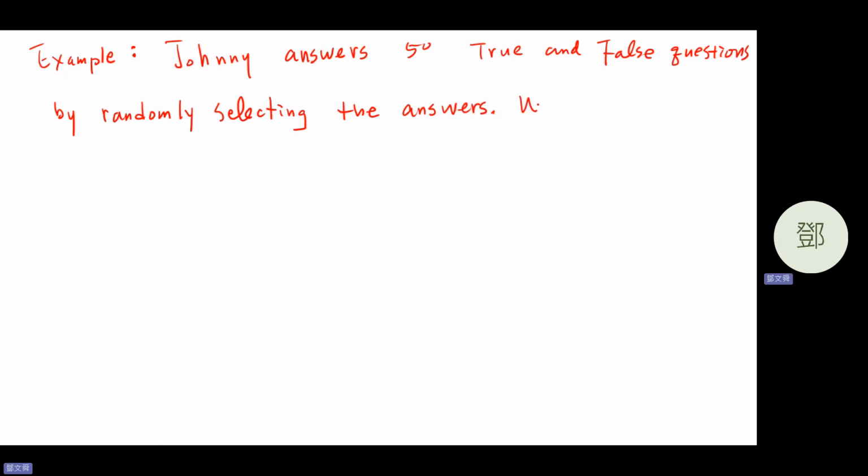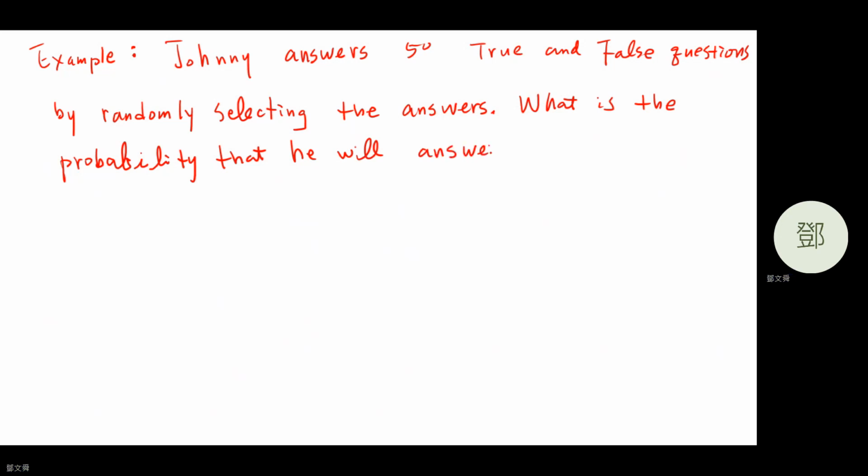So what is the probability that he will answer 20 to 30 questions, both included, meaning 20 and 30 also count, correctly?